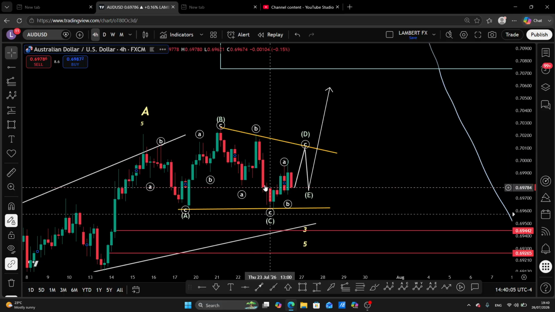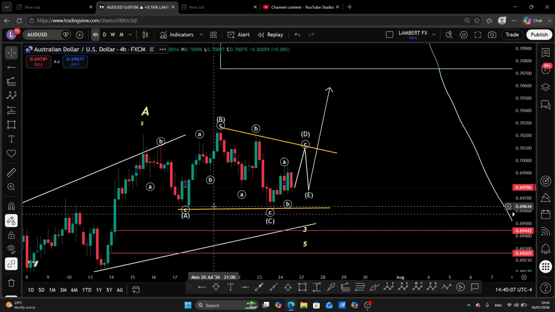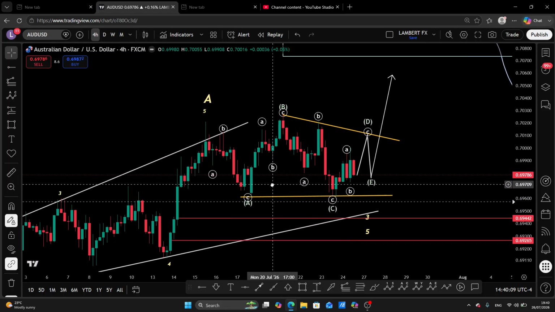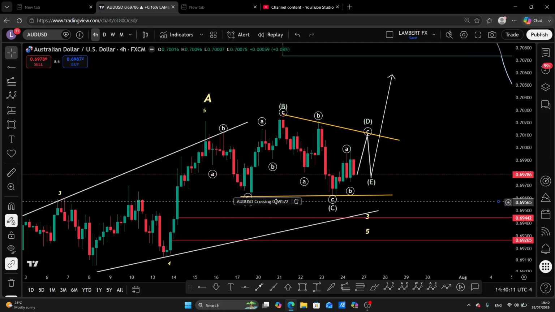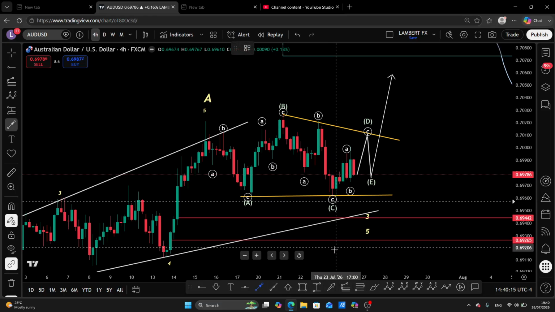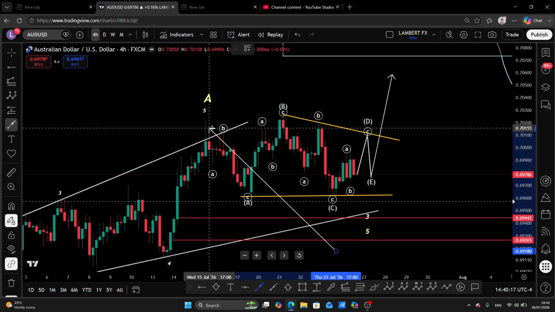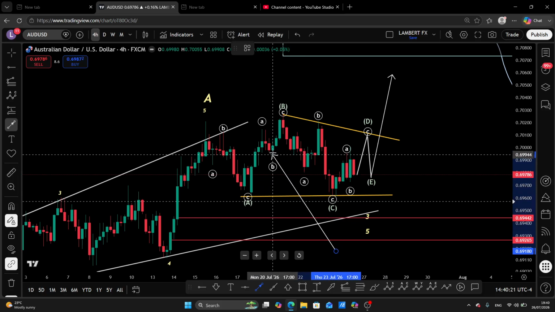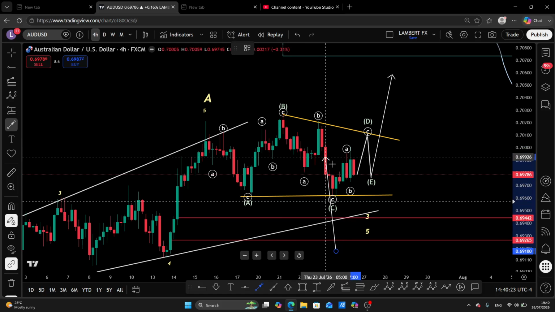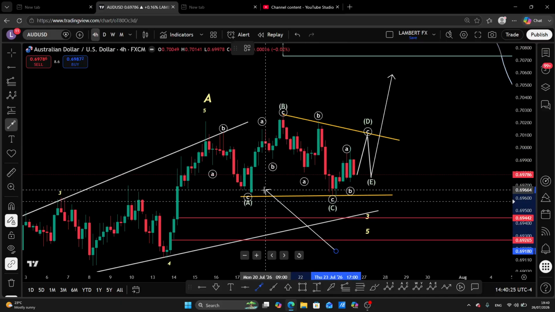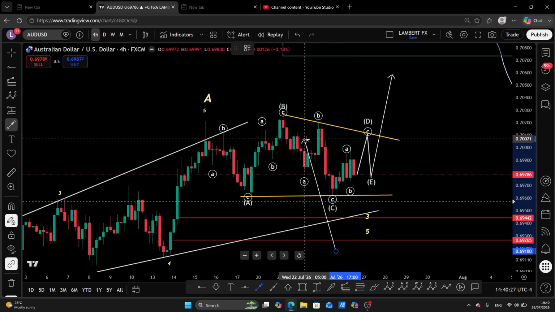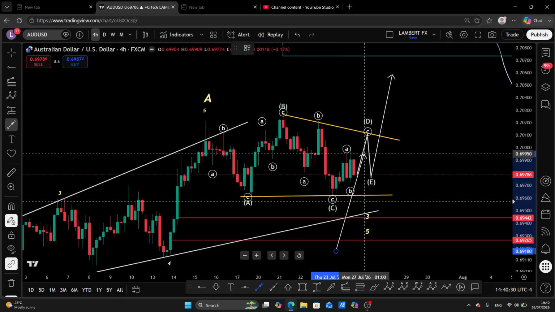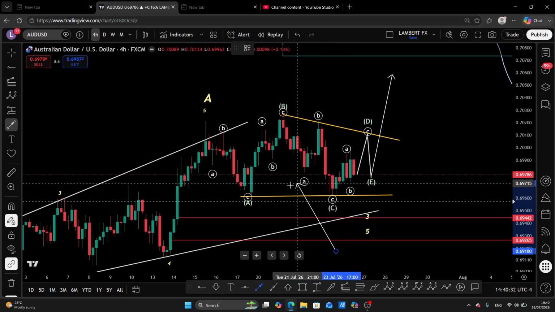Since that video, I've done some corrections on the chart. What we have here is an established A. So we need the B, and the B is now forming in a triangle formation.